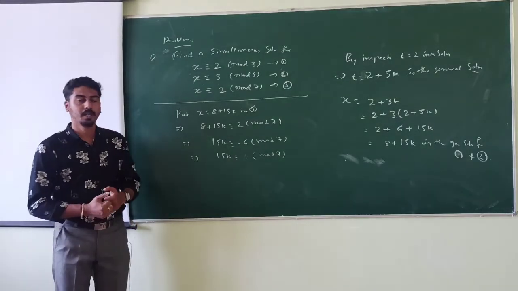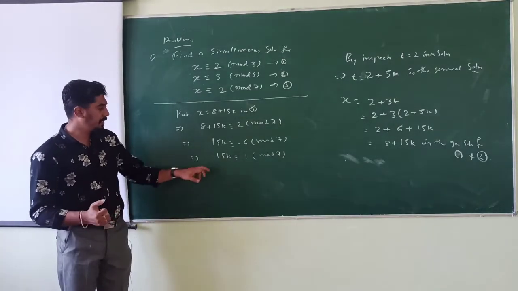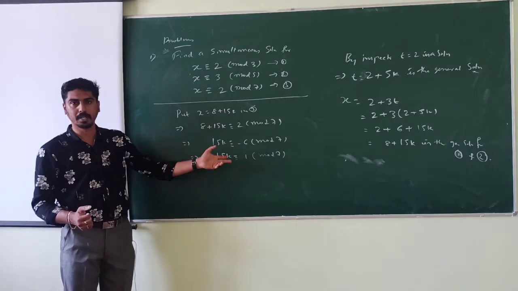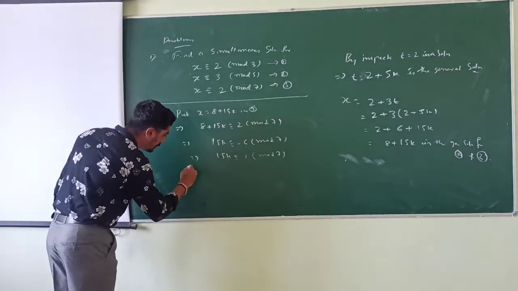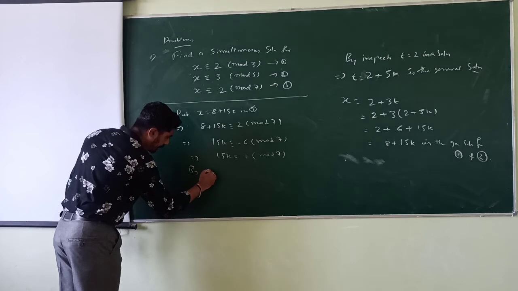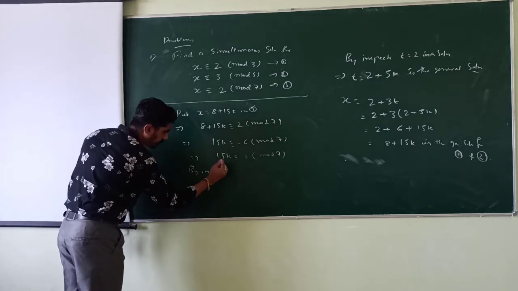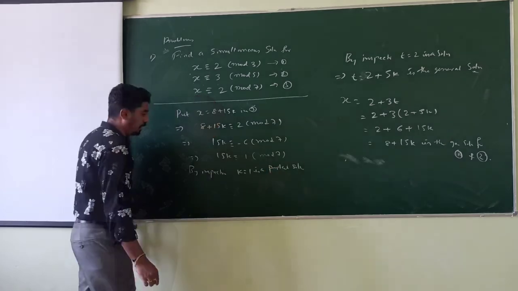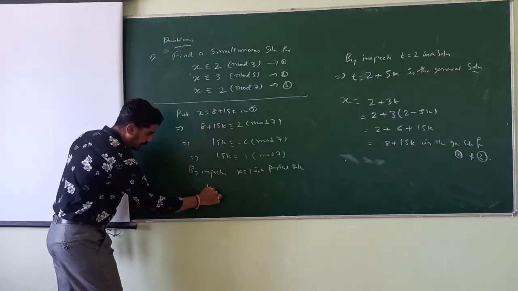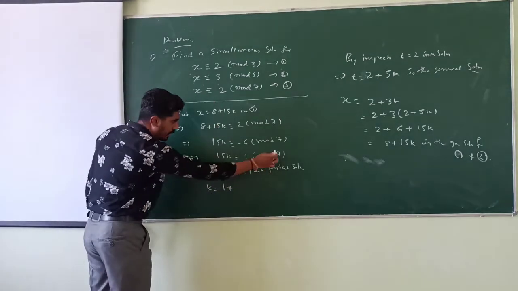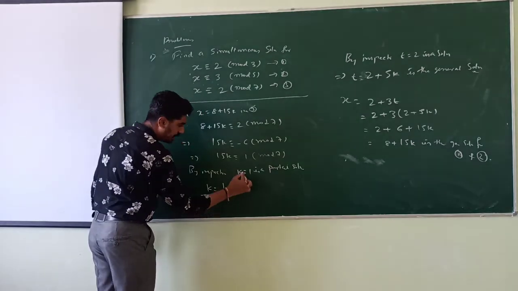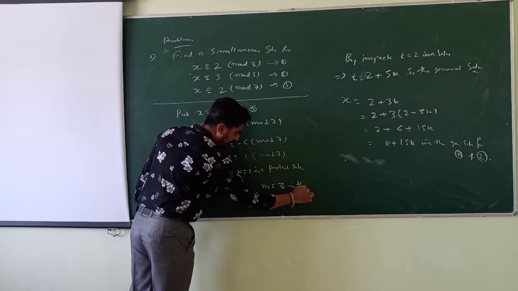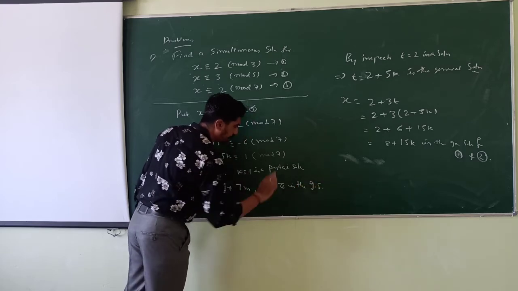By inspection, I see that k equal to 1 is a particular solution, since 15 minus 1 is a multiple of 7. So k equal to 1 plus 7m for all m belongs to Z is the general solution.